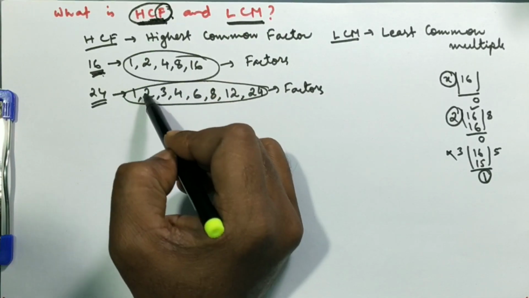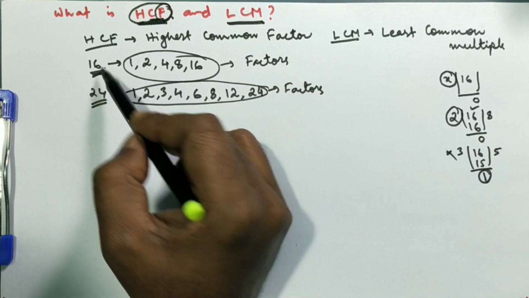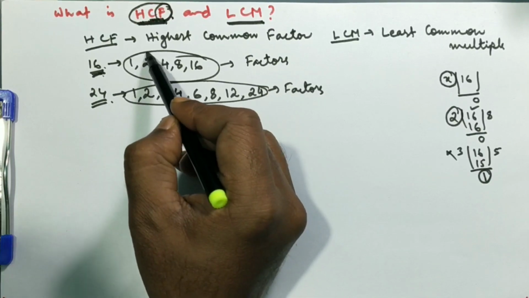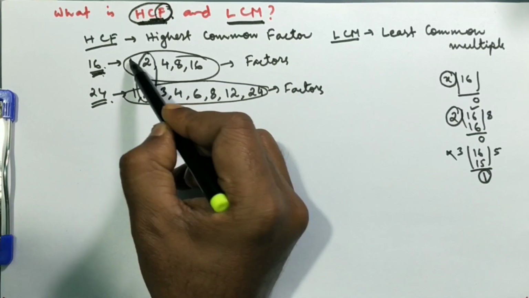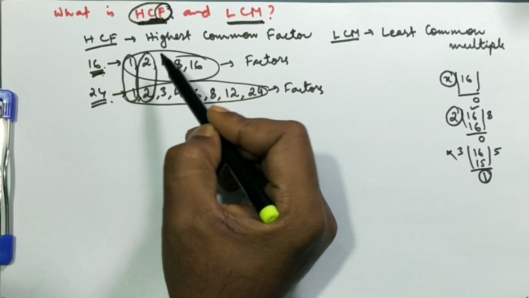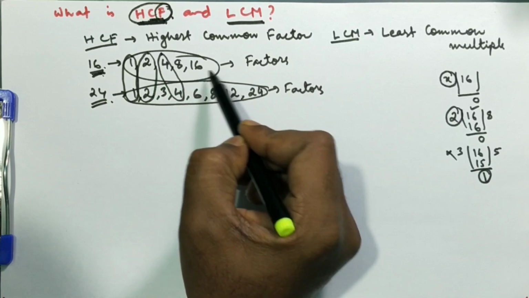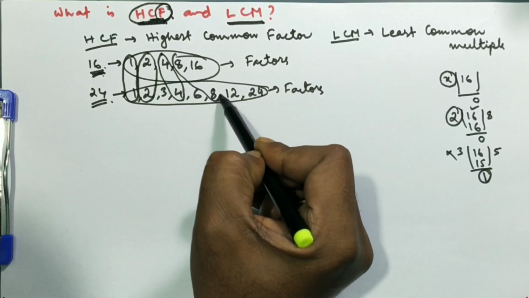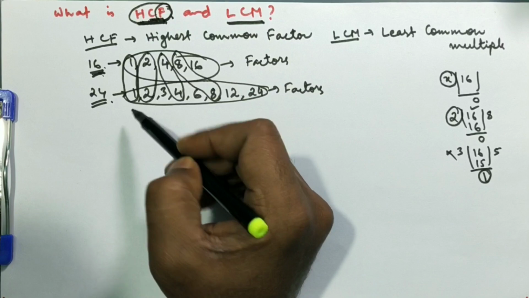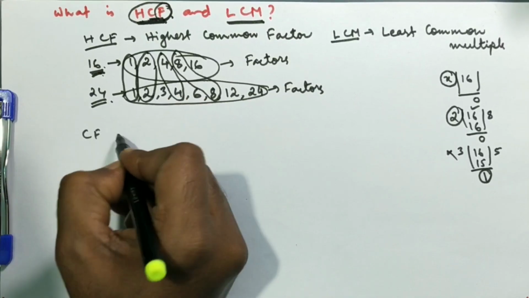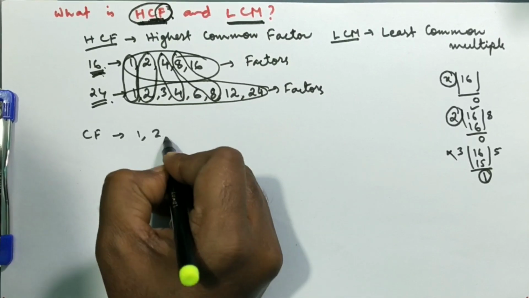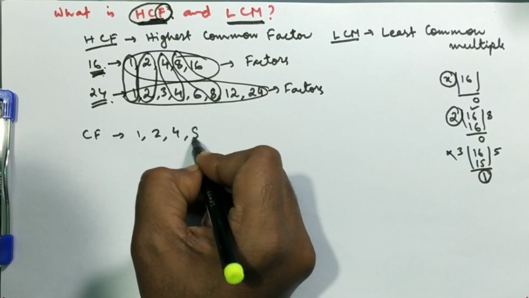Now what are the factors which are common between 16 and 24? So that is 1, 2, 4, 8. So common factors are 1, 2, 4, 8.